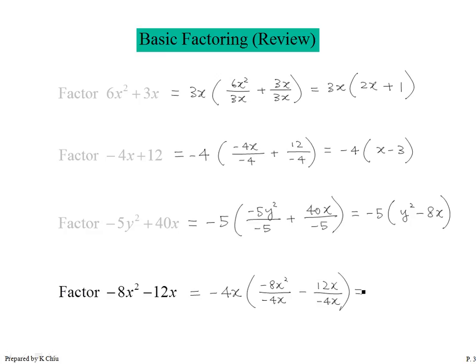So that would become negative 4x times the leftover, which would be 2x minus a negative, that means it's a plus, 12x divided by 4x, 3. All right, let's try out this.